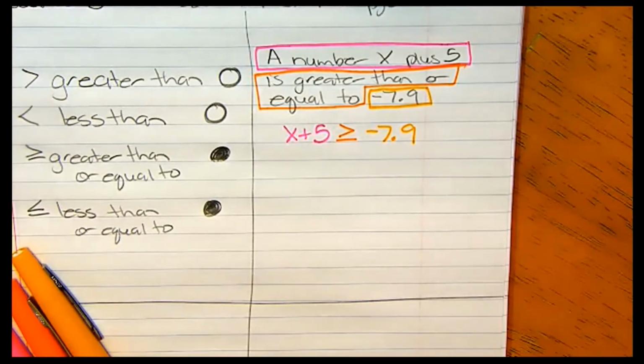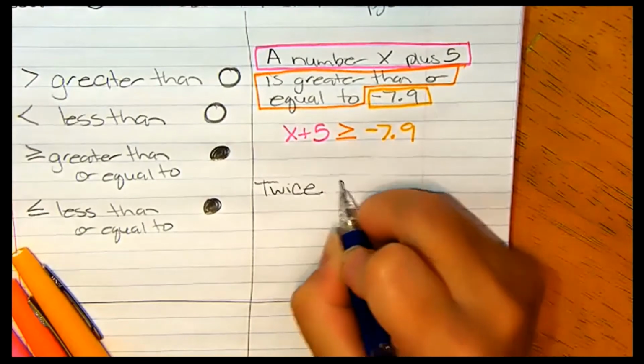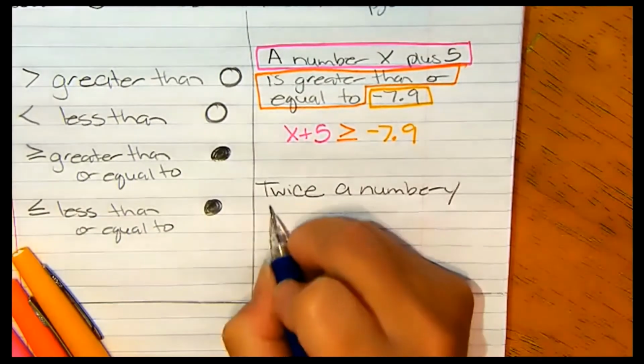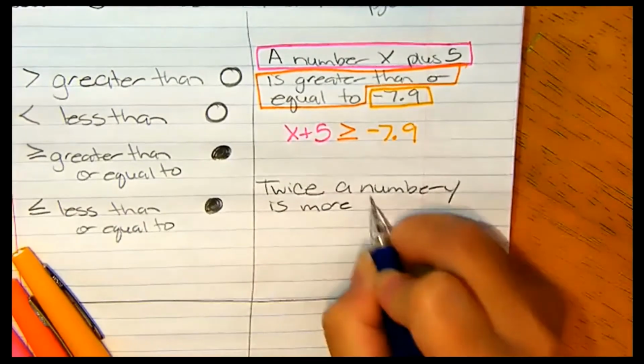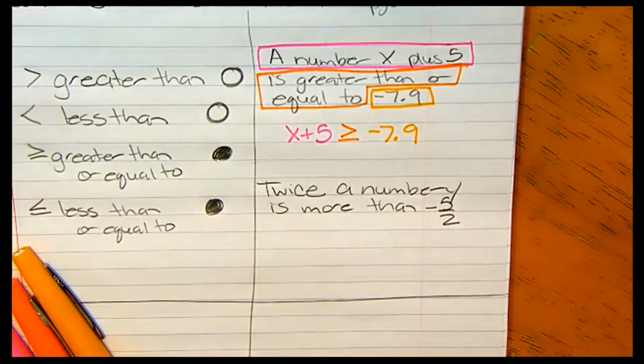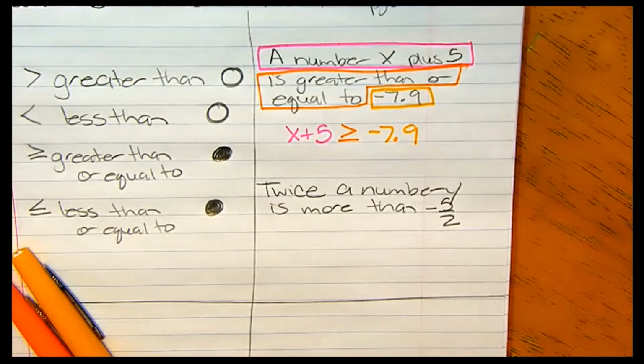So let's do another one. Twice a number y is more than negative 5/2. So we're going to break this whole thing down again. We need to turn the word sentence into a number sentence.